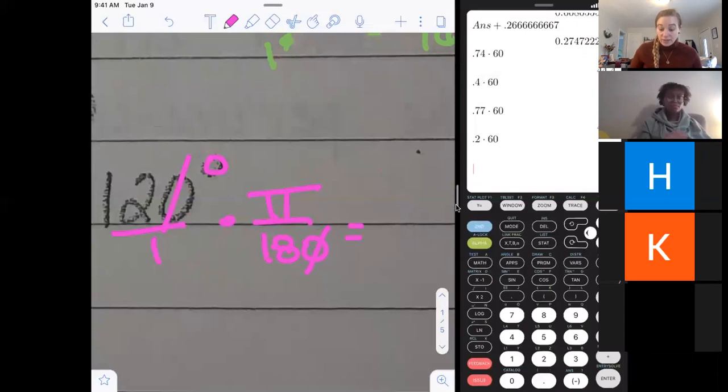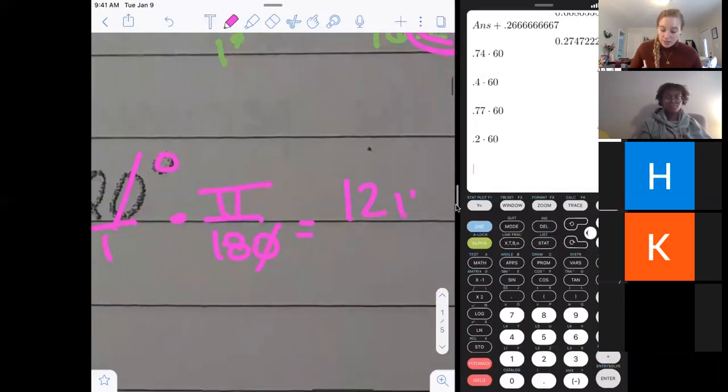If I knew nothing else I could take out, I'd probably rewrite it. So I'd have 12 pi over 18. And then now I can look and I see, okay, 12 and 18, I do know that they both have a 2 and they both have a 3, which means the biggest thing I can take out of is a 6. So 12 divided by 6 is 2, and 18 divided by 6 is 3.